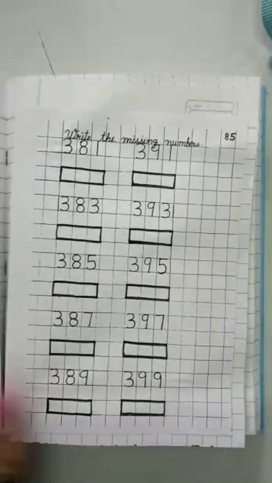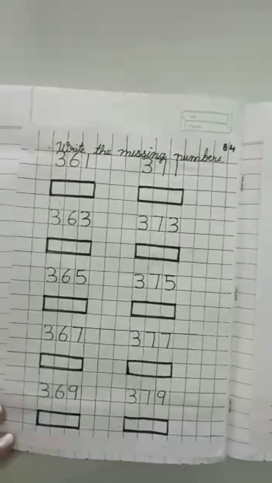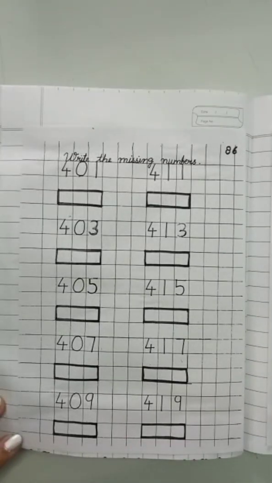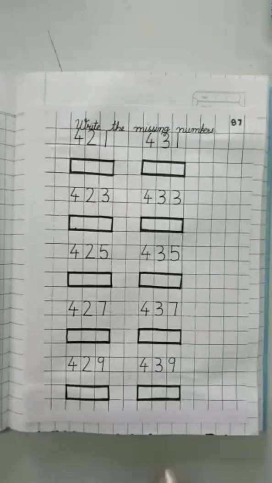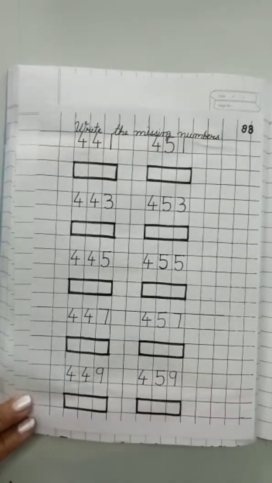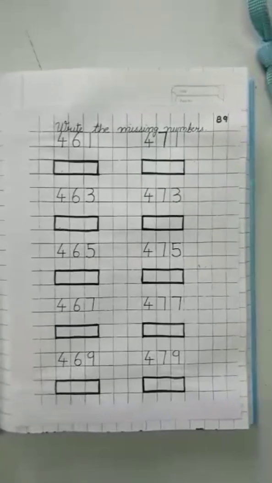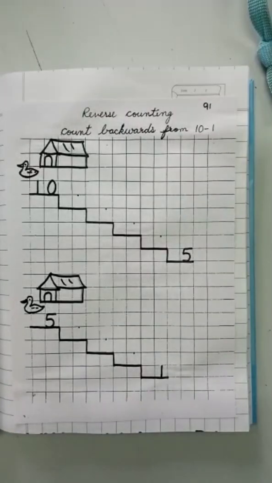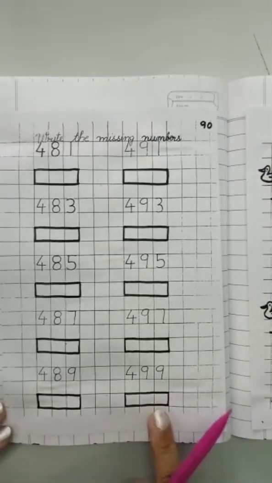On the next sheet we'll do 361 to 380, then 381 to 400, 401 to 420, 421 to 440, 441 to 460, 461 to 480, and 481 till 500.